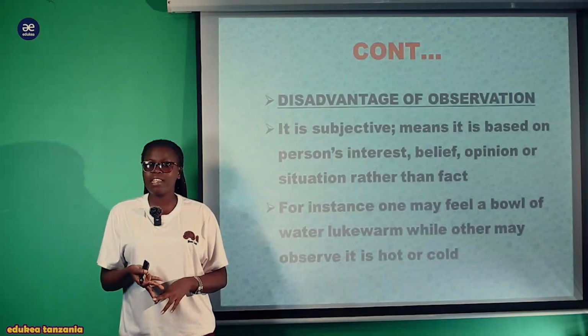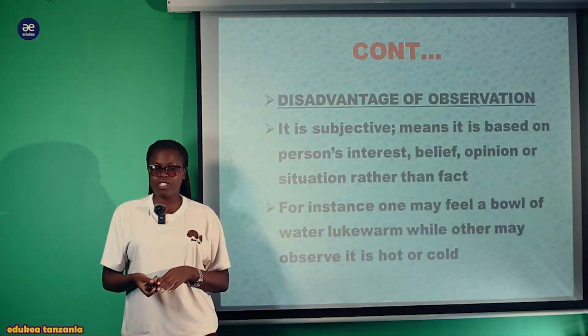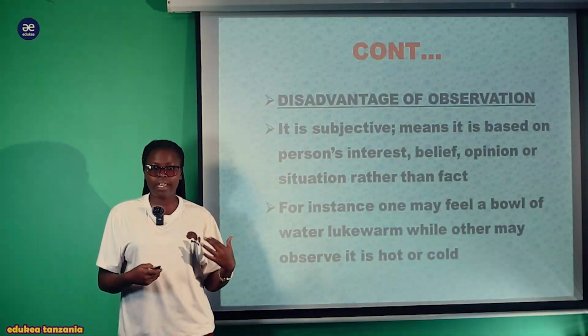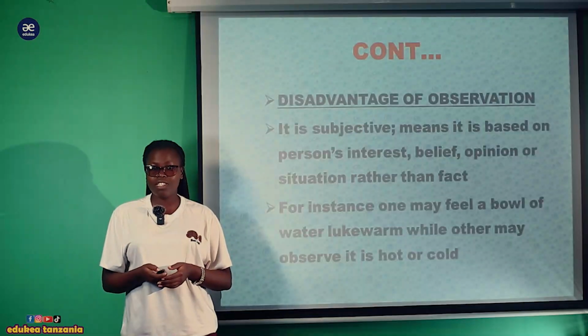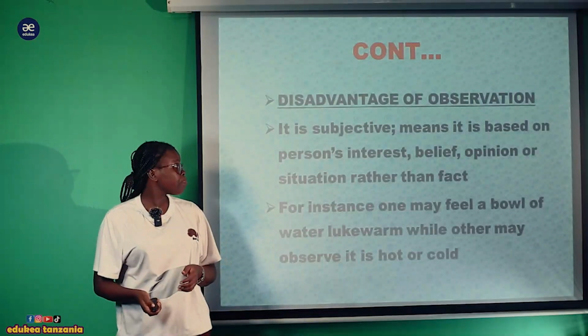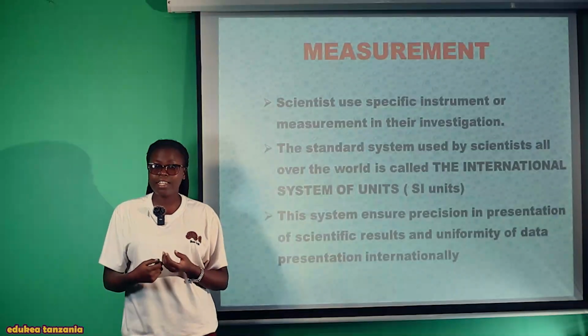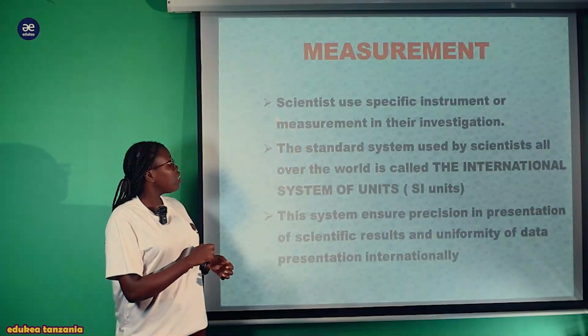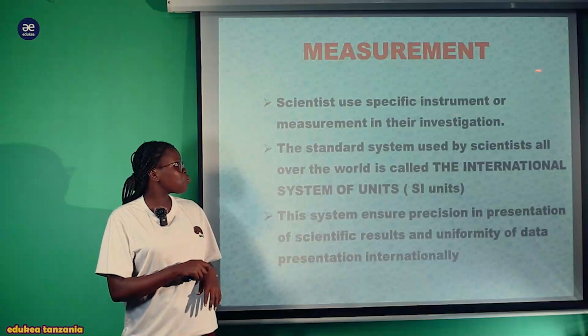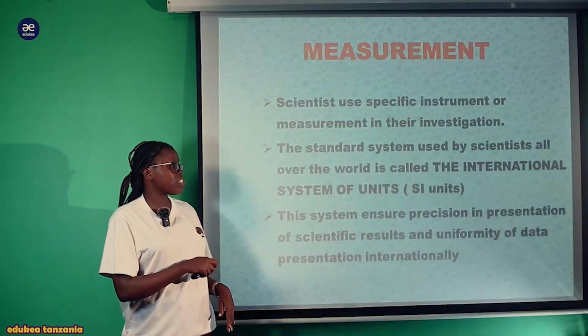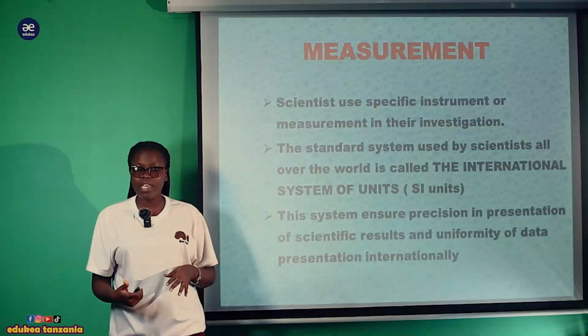Now let's look at the second subtopic, which is measurement. When we talk about measurements, kwa Kiswahili inaitwa kipimo. So, scientists use specific instruments or measurements in their investigation. Wanasayansi wanatumia vipimo mbalimbali katika uchunguzi wao.